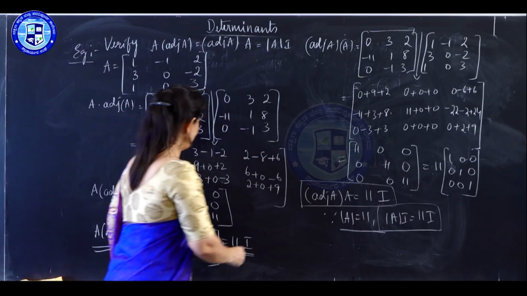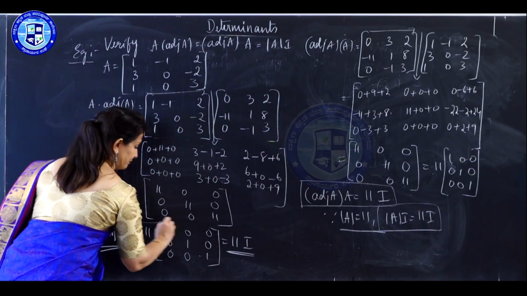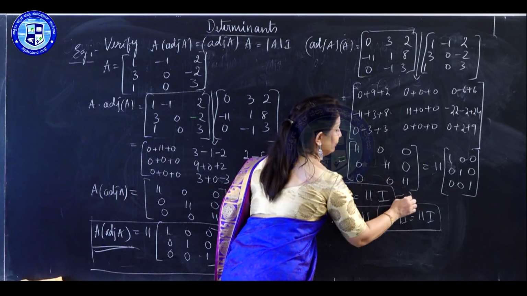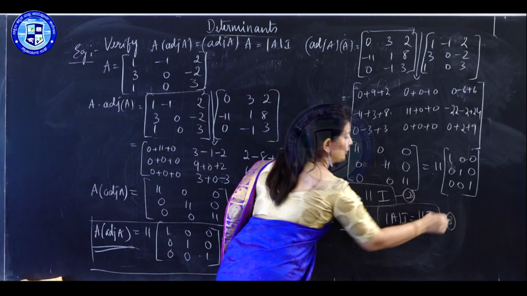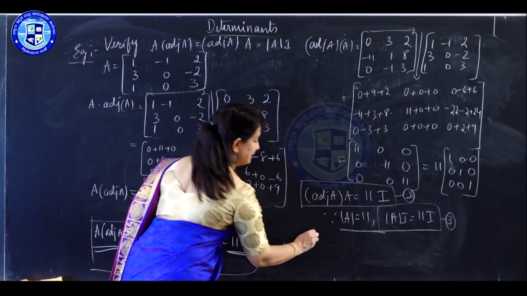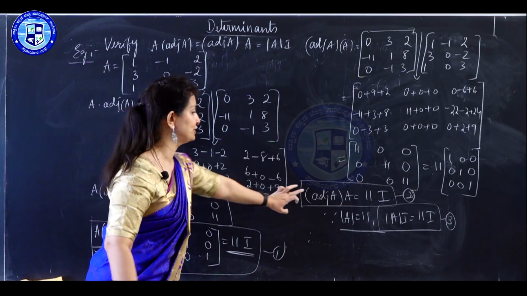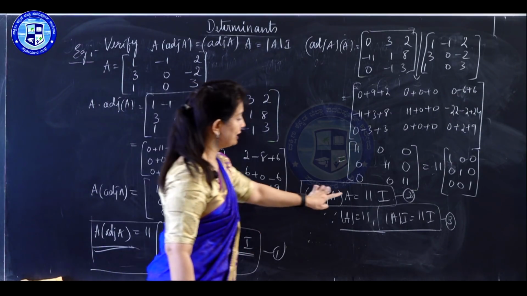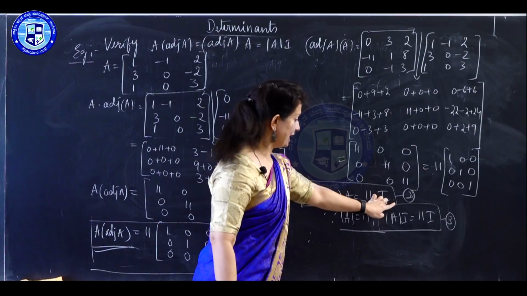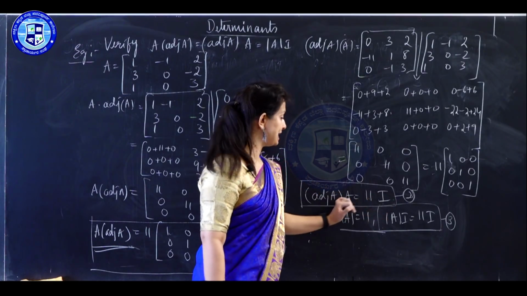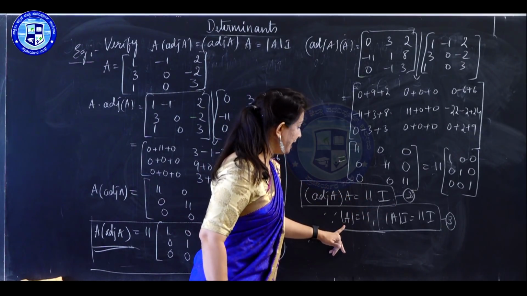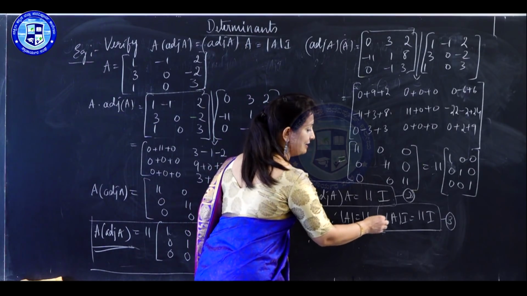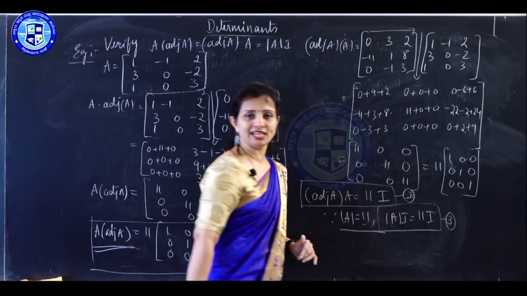Look at these three conclusions, students. From 1, 2 and 3, we can make out that A into adjoint A is 11I, adjoint A into A is 11I, where I is the identity matrix of the same order as A, and determinant A into I, with determinant A being 11, is 11I.